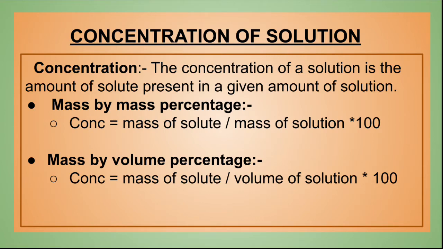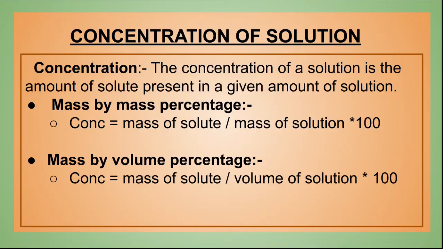Concentration of solution. Concentration of the solution means the amount of solute present in a given amount of solution. Remember these two words, solution and solute. We are not talking about solvent, we are talking here about solution. There are two methods of finding the concentration.